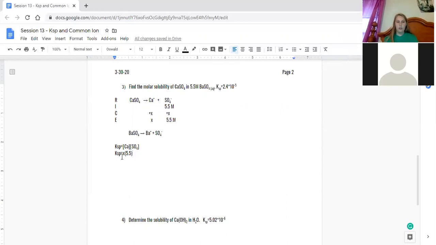So what do you come up with? I guess I could plug in our KSP number here: 2.4 times 10 to the negative 5 for our KSP. So what do you guys come up with for that?